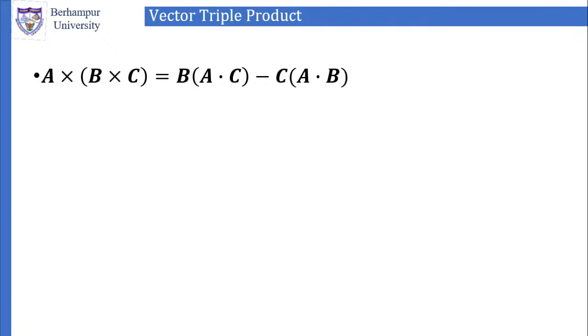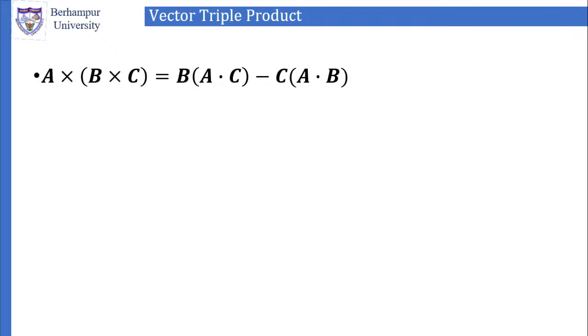To remember how to expand A cross B cross C, we call this the back cab rule. BAC is back, CAB is cab, so BAC minus CAB: B (A dot C) minus C (A dot B). So the vector triple product is determined by the back cab rule.